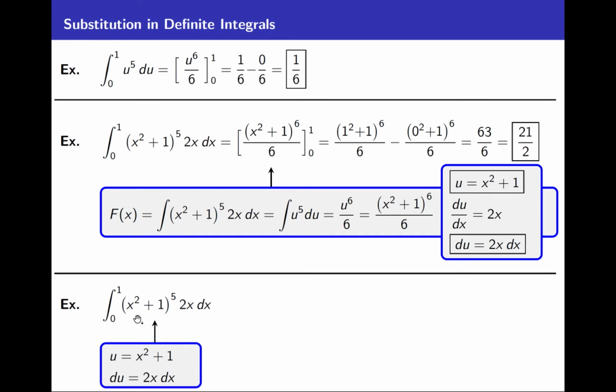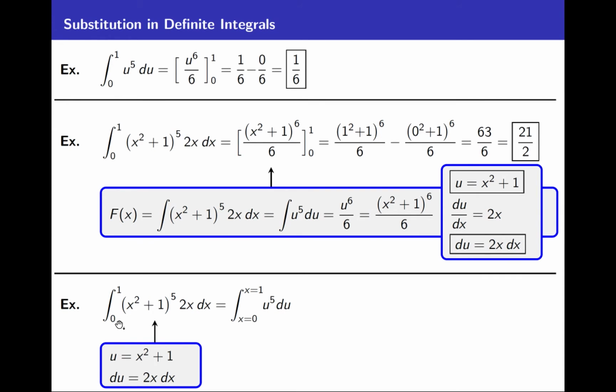So you might say, well, let's make a substitution where u is x squared plus 1, and then du dx would be 2x, so du is 2x dx. And that tells us, just like what happened over here, that this 2x dx is equal to du, and of course the x squared plus 1 is u. So making those substitutions, this integral becomes the integral of u to the 5th du.